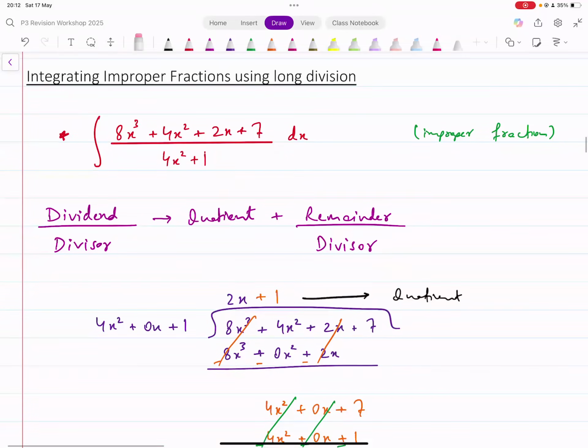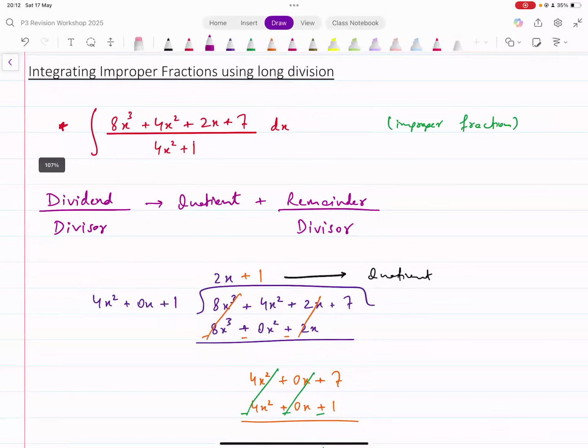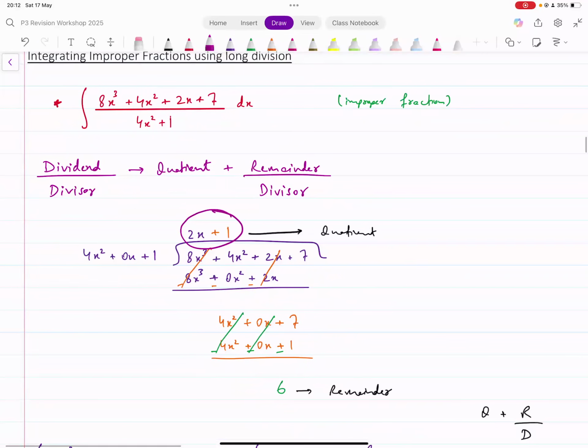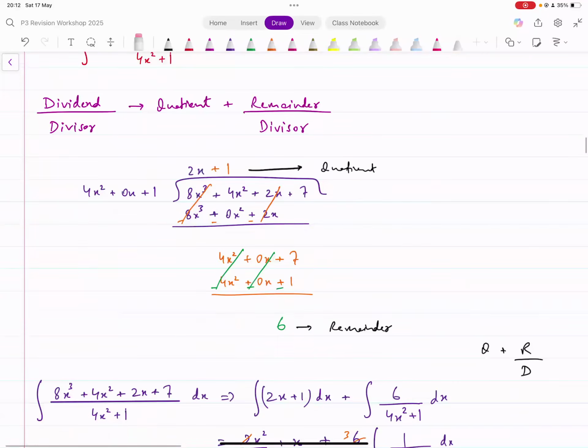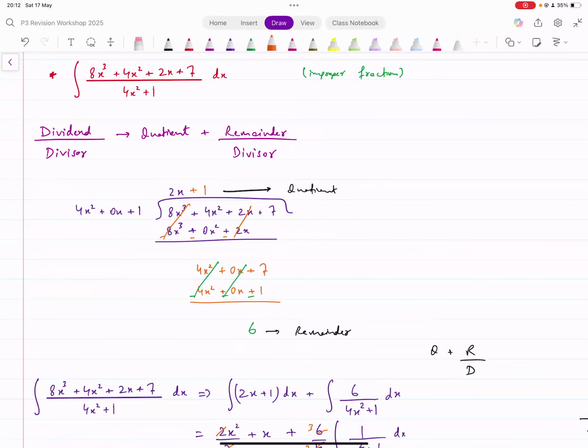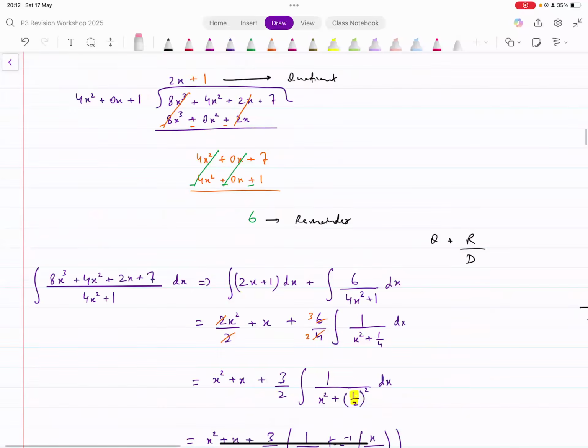We apply the division process. Find the quotient, find the remainder, and then that fraction that we had, we break it into two parts: quotient plus remainder over divisor. And then after breaking it into two parts, we integrate those two parts separately.